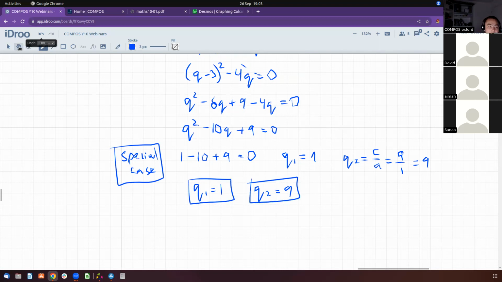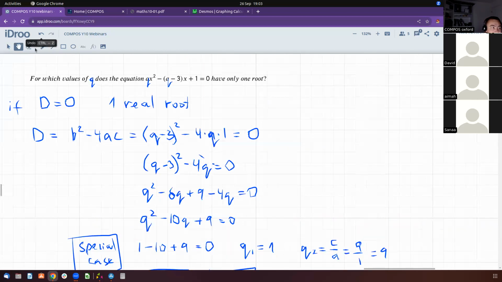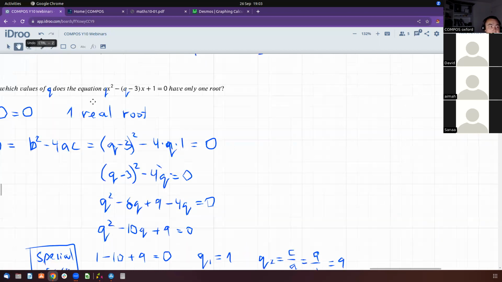Discriminant is b squared minus 4ac. That's the definition of a discriminant. So if you have a quadratic equation ax squared plus bx plus c equals 0, a discriminant is b squared minus 4ac.